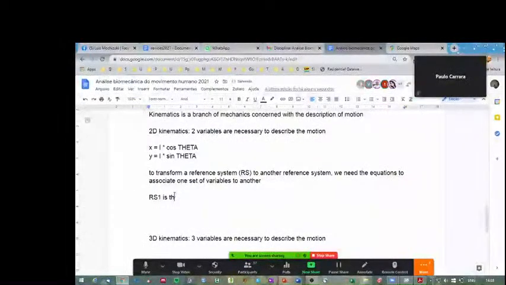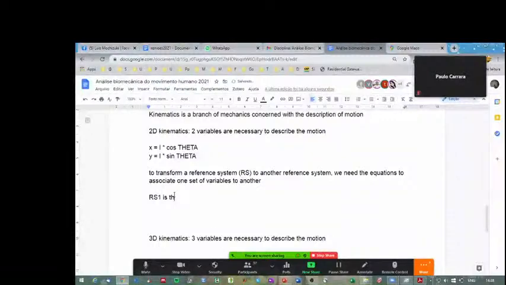Because you learn algebra and calculus. No, more than that. When you are learning mechanics, you have to learn about calculus and algebra to really understand mechanics.